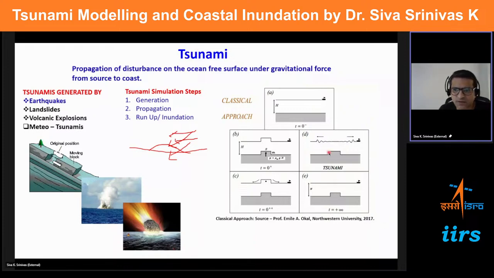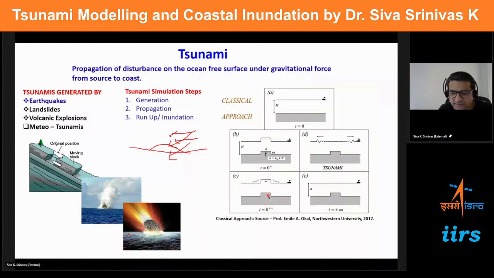The classical approach to a tsunami is that we have a quite calm free surface of the ocean. Suddenly there is an earthquake at time t equals 0. The earthquake has generated, and this energy will be propagated to the free surface. It will undergo deformation and rise to some height, leading to a tsunami, and under gravity, it will propagate towards the coast.